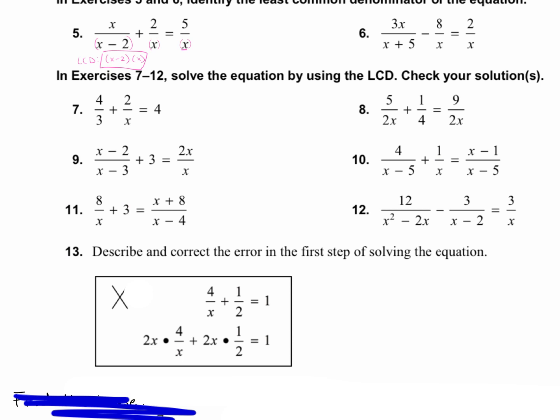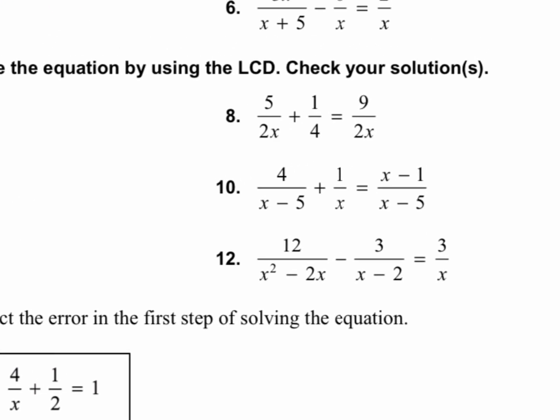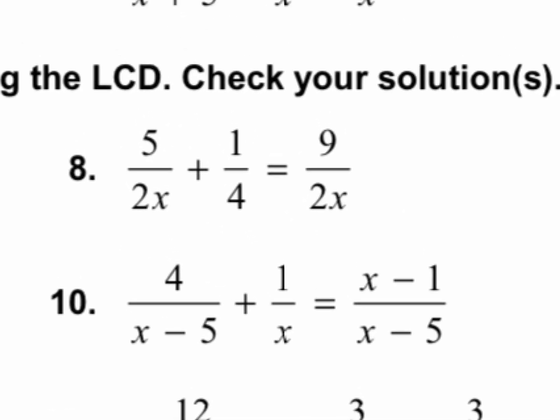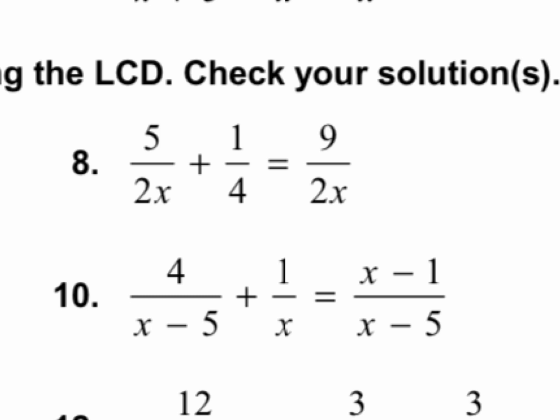Okay, and then the second part, down at the bottom, we have to solve the equation by using the least common denominator. So let's do number 8. So first thing we want to do is find our least common denominator.